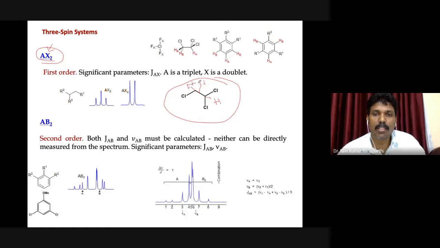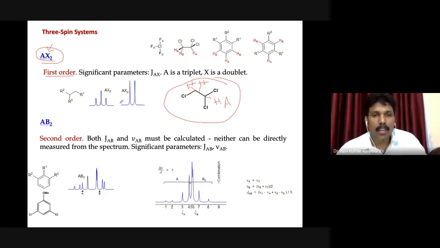You can call this one A, and these two X. This is X, and this is another X. So this is an example of an AX2 system, whose NMR spectrum will be a first order spectrum. Absolutely no problem. A couples with this proton and this proton in the same manner, therefore the coupling will be the same.